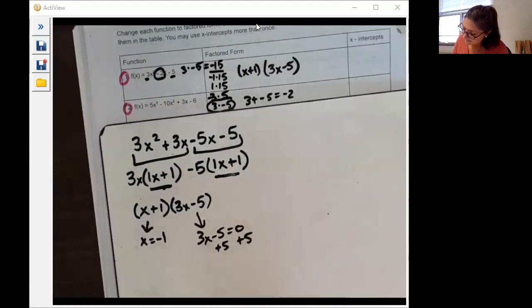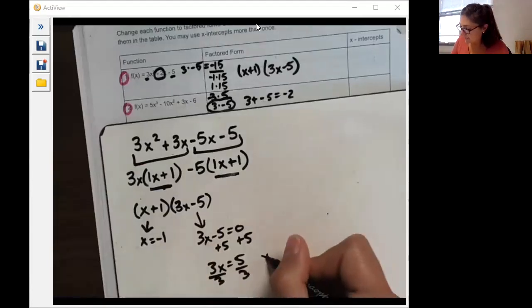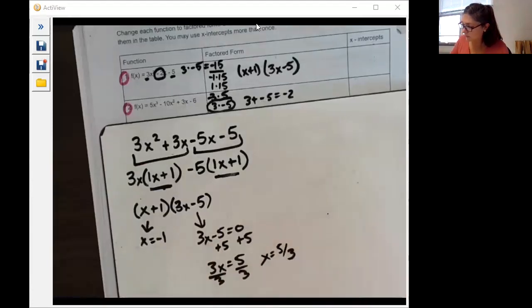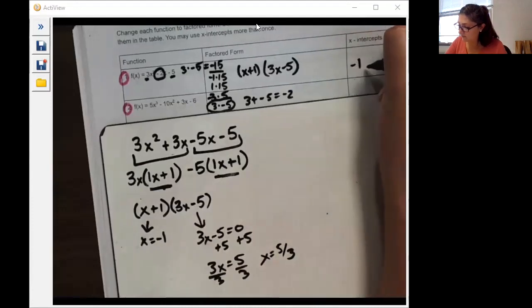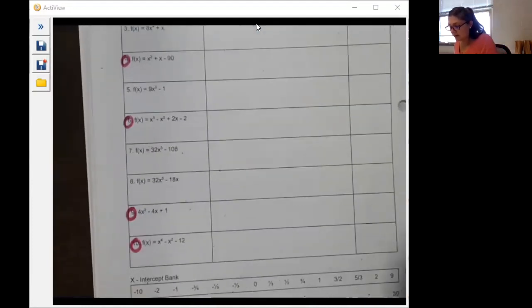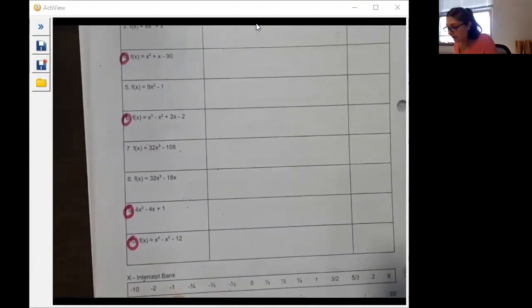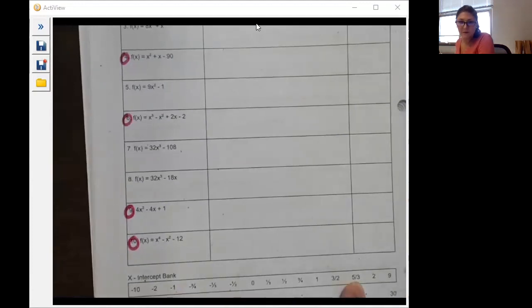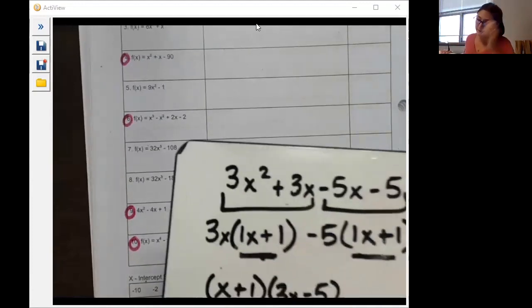So I'd have to start by adding 5 to both sides. 3x equals 5, divide by 3, and I get x equals 5/3. So my x-intercepts would be -1 and 5/3 for number 1. And if I go check that list at the bottom, I've got -1 and I've got 5/3 down here. I'm okay.